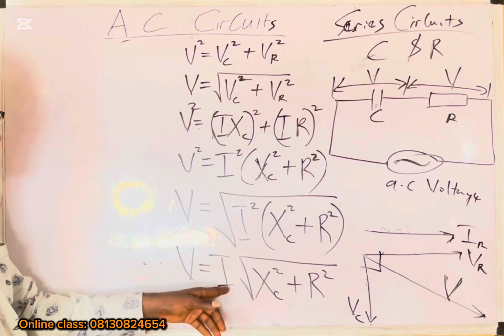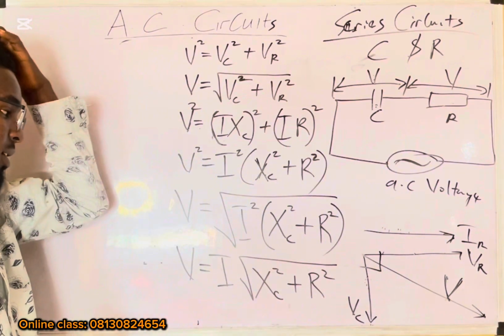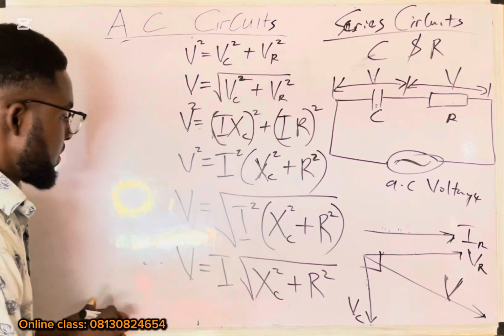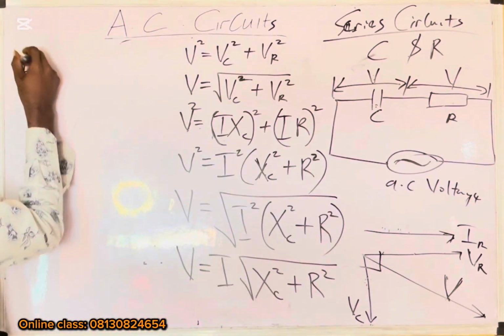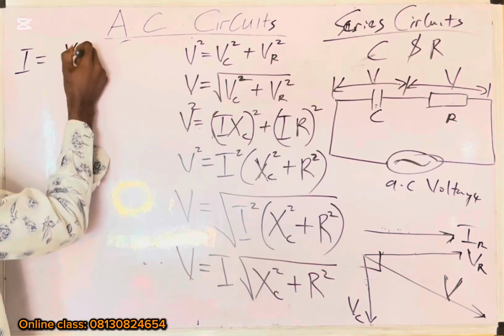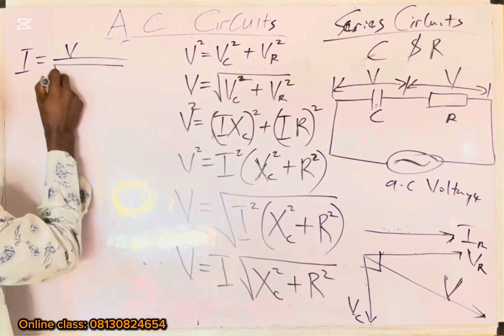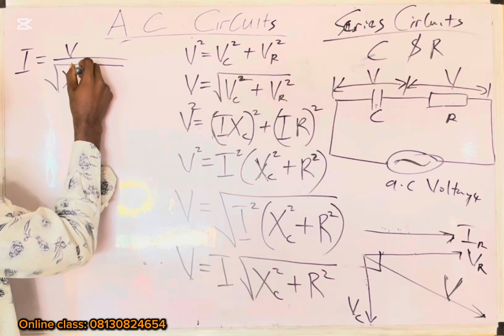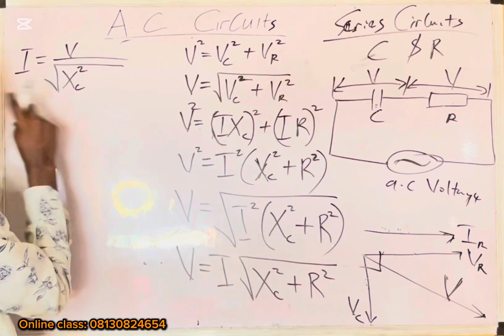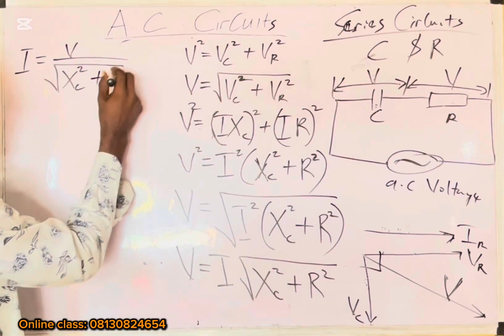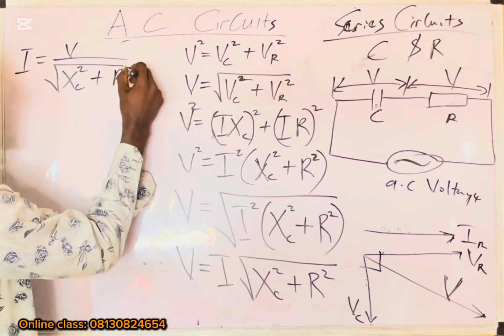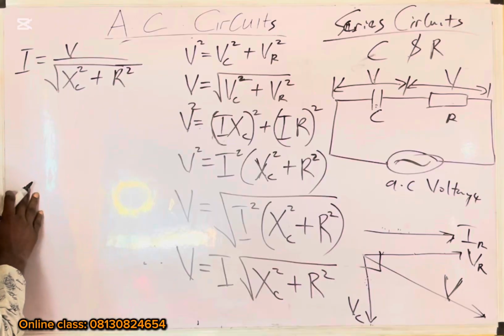Okay, let's make I the subject of the formula, the current. I is equal to V over the square root of X_C raised to the power of 2 plus R raised to the power of 2.